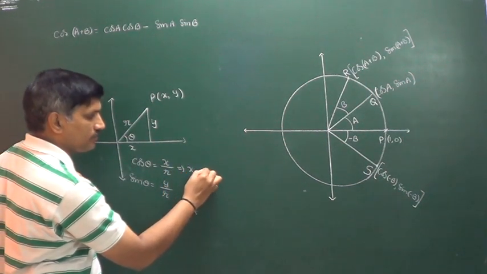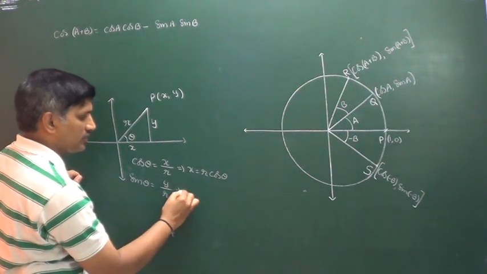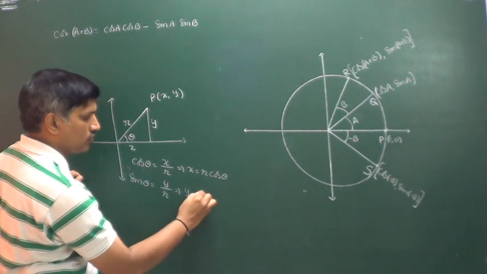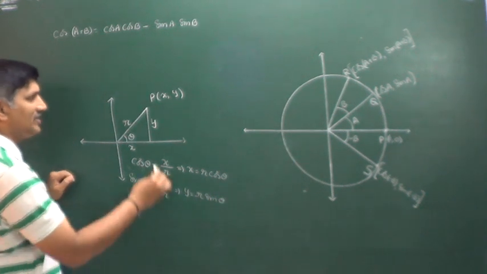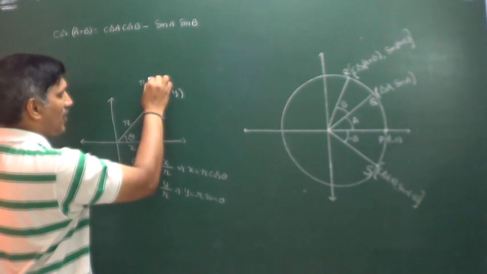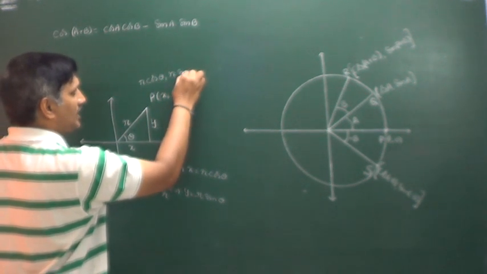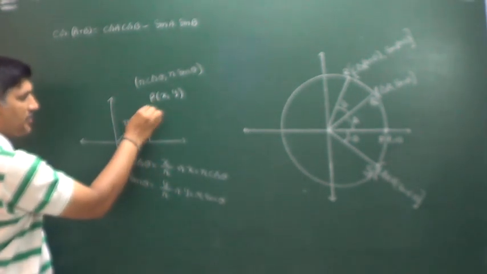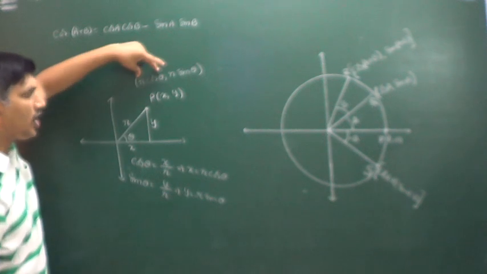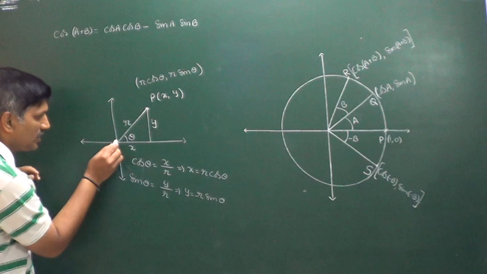Now what can we write? x is equal to r cos theta, and y is equal to r sin theta. So what is the meaning of that? We got this point as (r cos theta, r sin theta). What is the meaning of this?